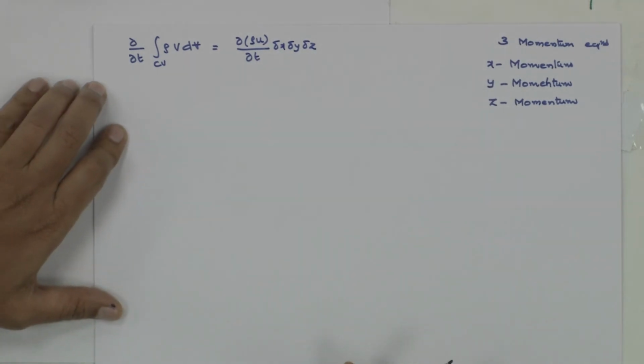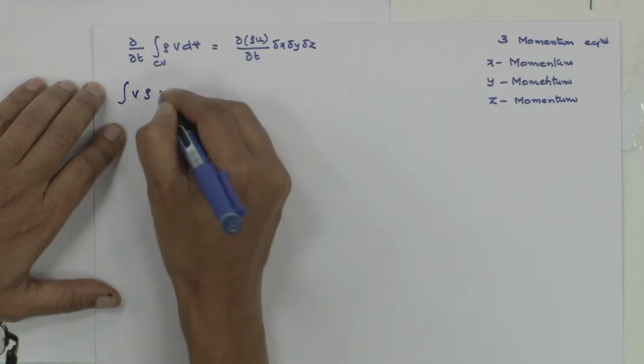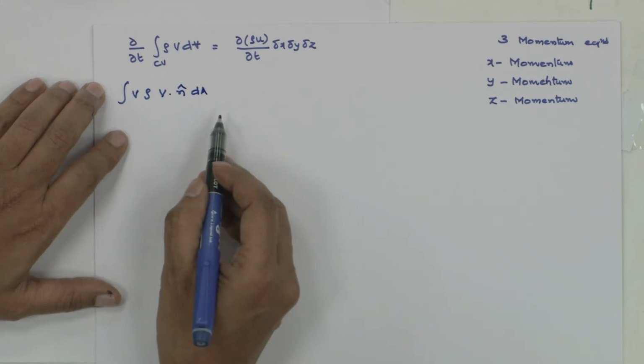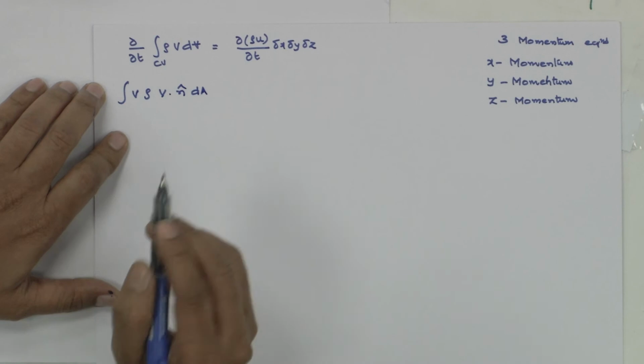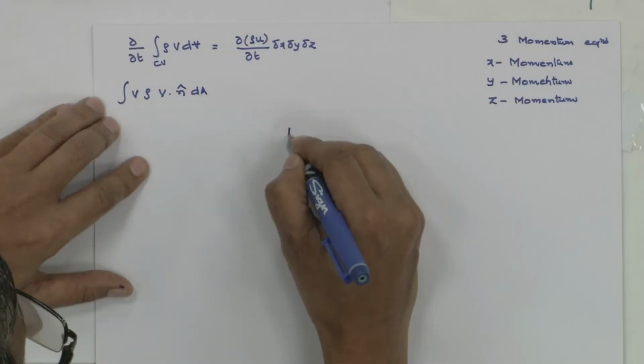So, now let me take up the V rho V dot N dA. This is the momentum, that is velocity into mass flow rate, rho V dot N dA. So, the momentum in the x direction, remember we are in the x momentum. So, let us draw the elemental volume.